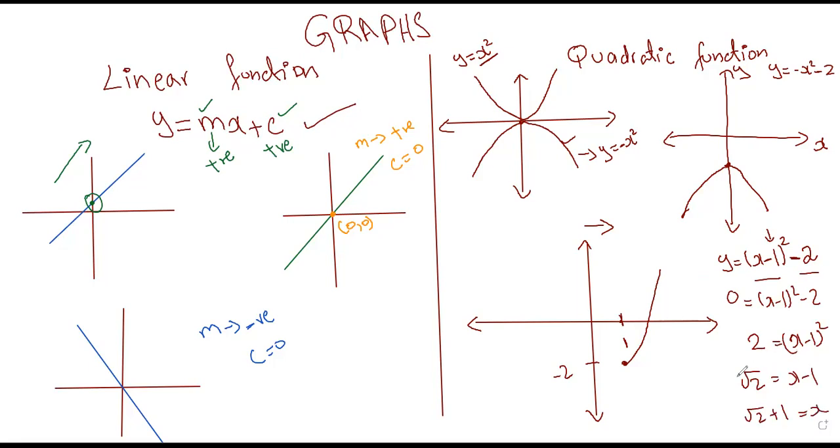This is basically plus or minus, right? One combination would be square root of 2 plus 1, and the other would be minus square root of 2 plus 1 equals x. Yes, the root gives plus or minus. Exactly. Excellent.